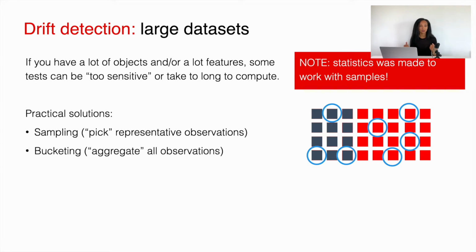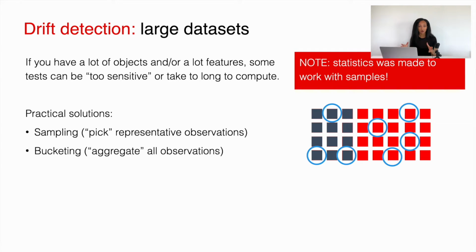Or if you still are not willing to create a sample, you can go for bucketing. This is also a very interesting idea because the basis of this idea is to aggregate your observations in order to decrease the amount of data. For example, if you previously tried to detect drift on top of individual events, you can aggregate those events into sessions and detect drift on top of sessions.